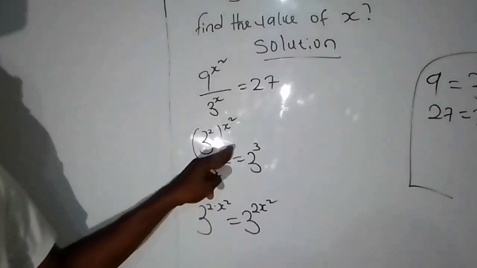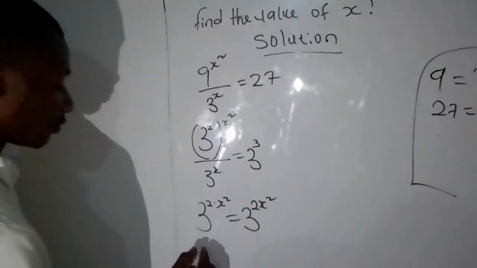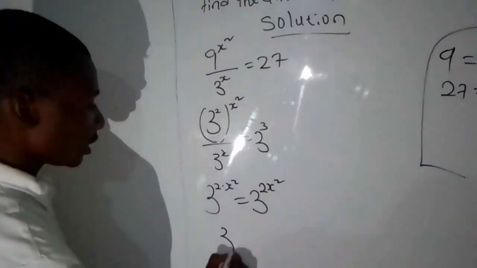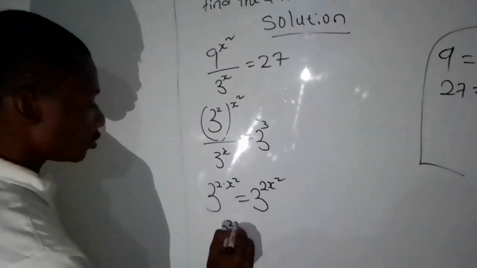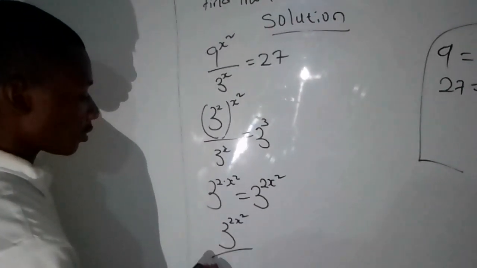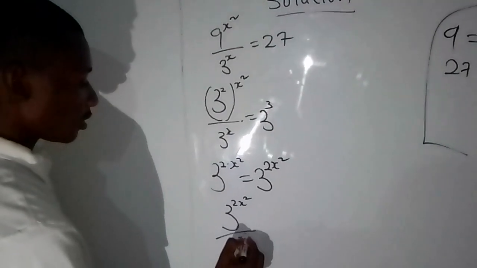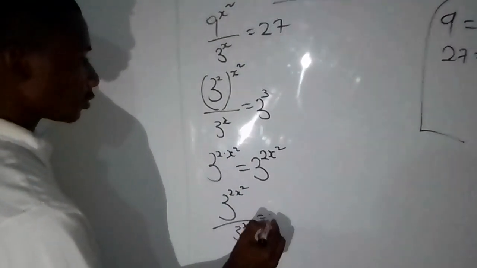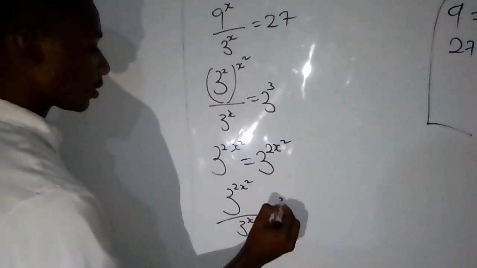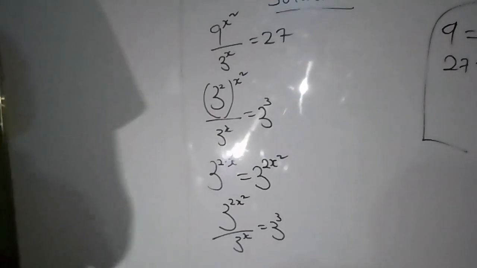So now let's get to fix them up immediately. When we do that, it becomes 3 raised to power 2x squared all over 3 raised to power x equals to 3 raised to power 3.